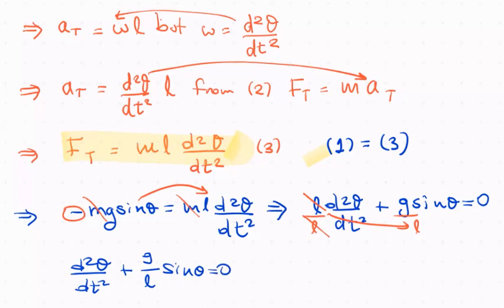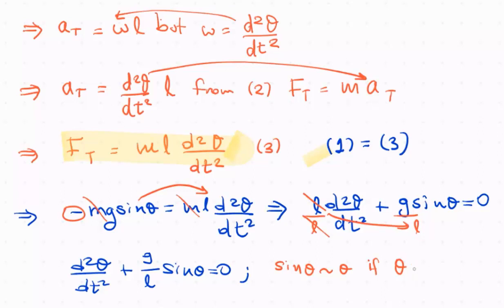For harmonic motion, when the oscillations are small, we can take into consideration that sine of theta is approximately theta when theta is very small.